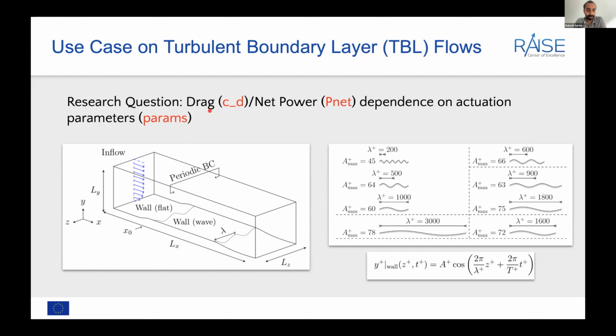Specifically, we are looking at reducing the drag over this flat plate. In order to do that, we are introducing these transversal surface waves that you can see. And this is one of the active drag reduction techniques.